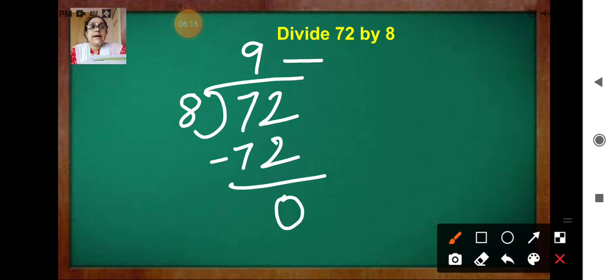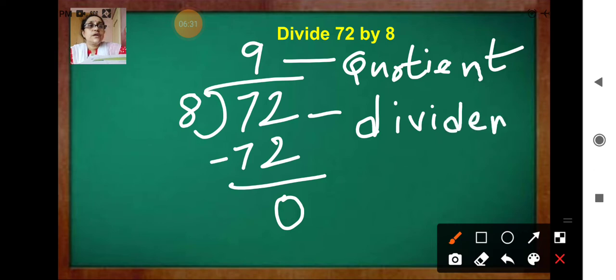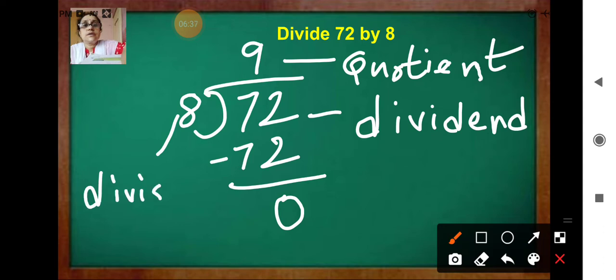So 9 is called the quotient, 72 is called the dividend, and 8 is the divisor.